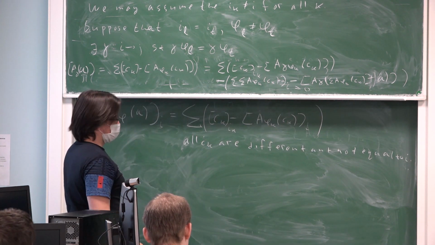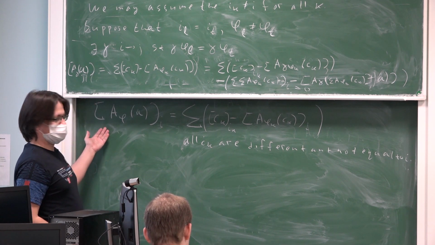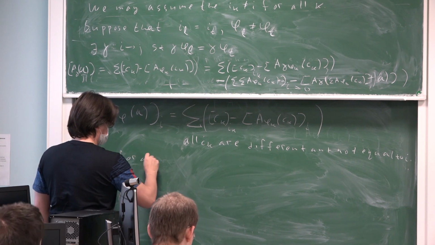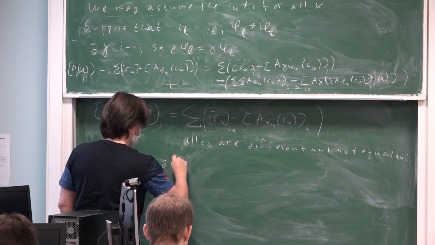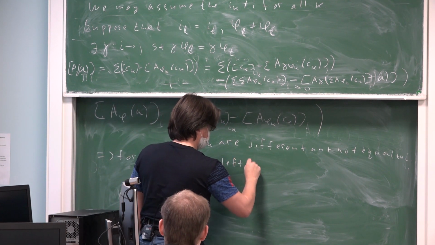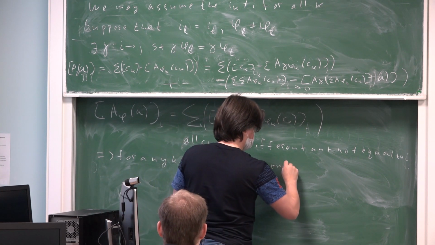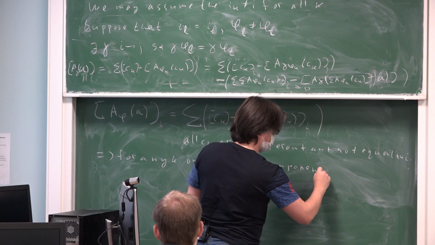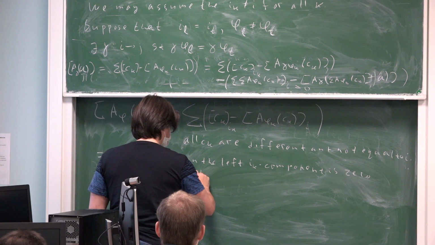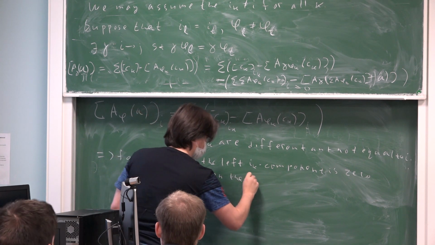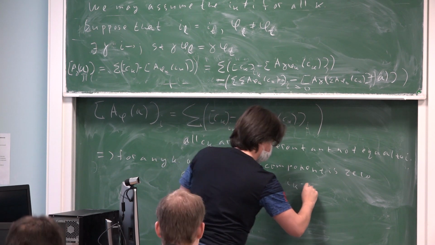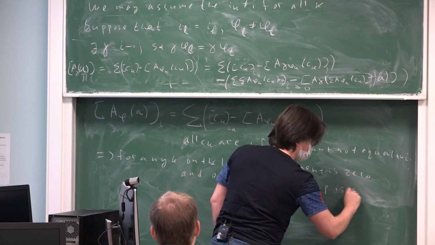So for any k, on the left the ik component is 0, and on the right the ik component is ck.